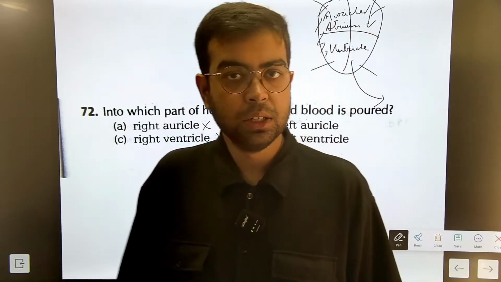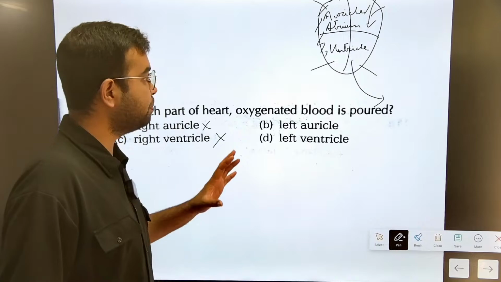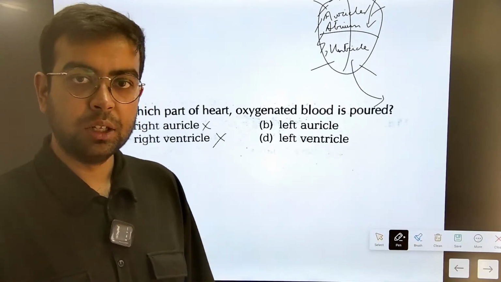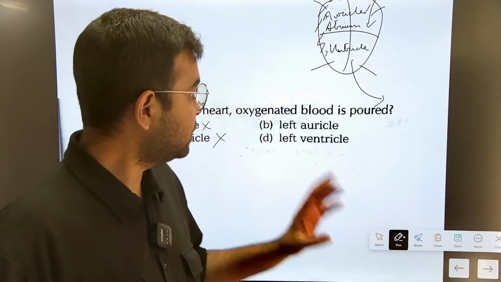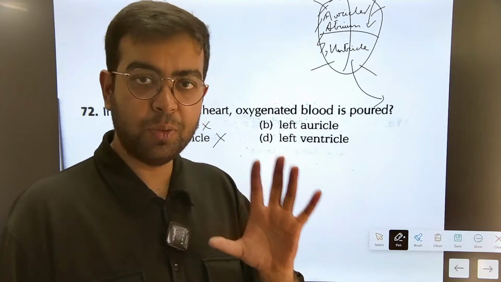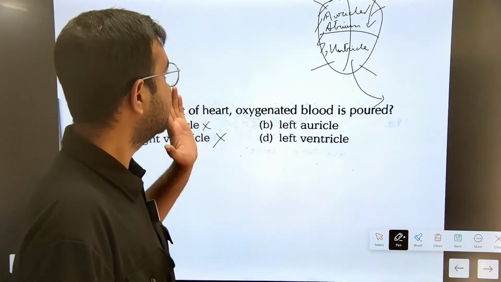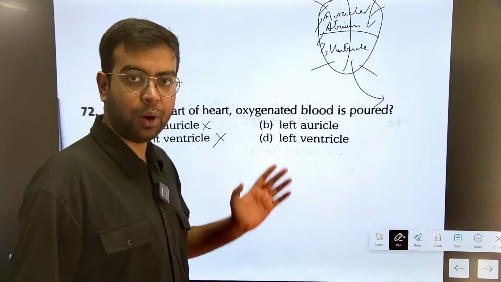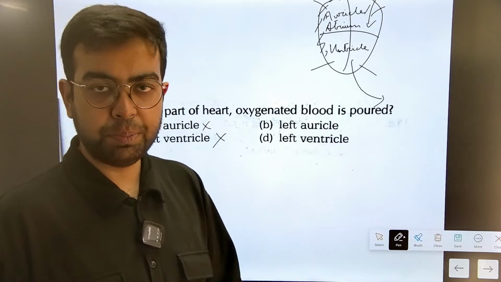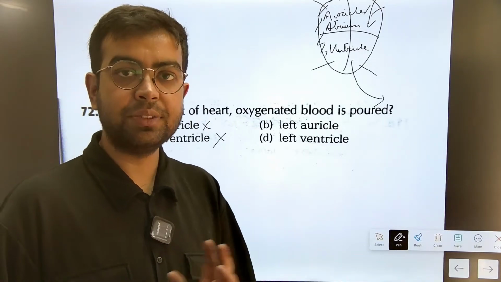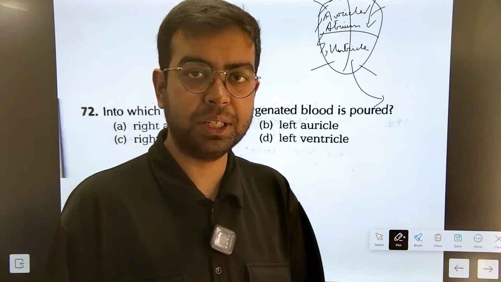So always remember, blood enters the heart from the top, and when it leaves, it leaves from the bottom. Always remember this thumb rule, and that the right side always has impure or deoxygenated blood, the left side always has pure or oxygenated blood.